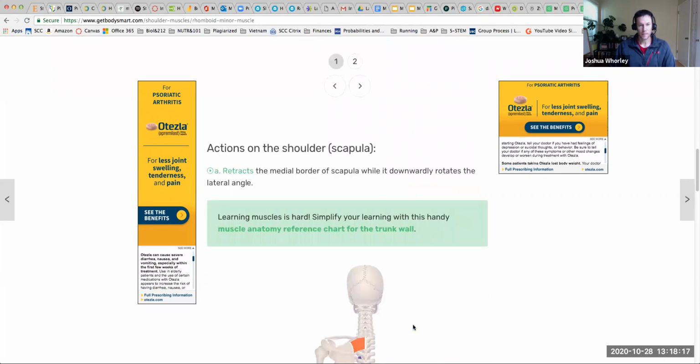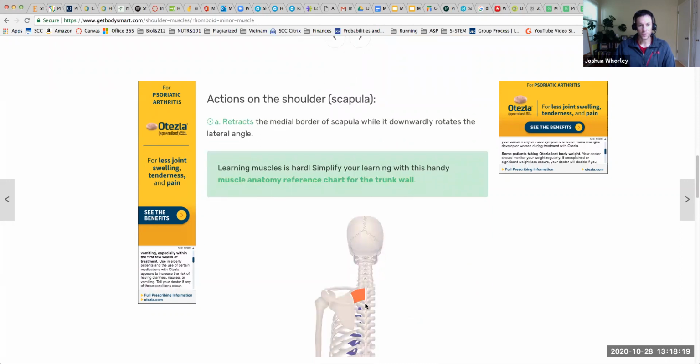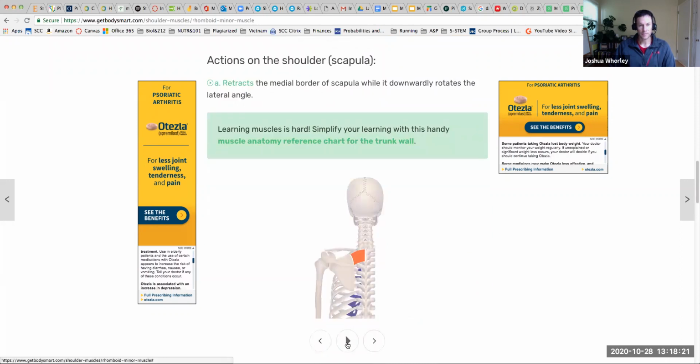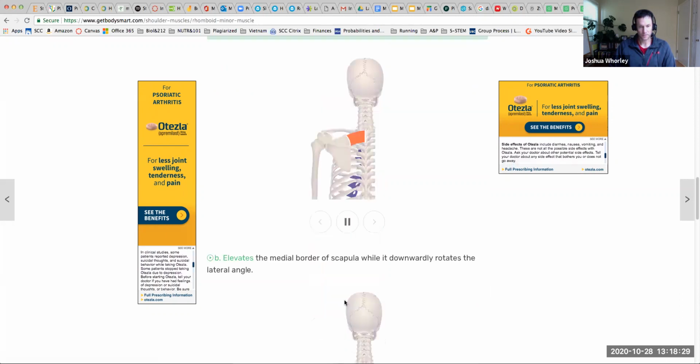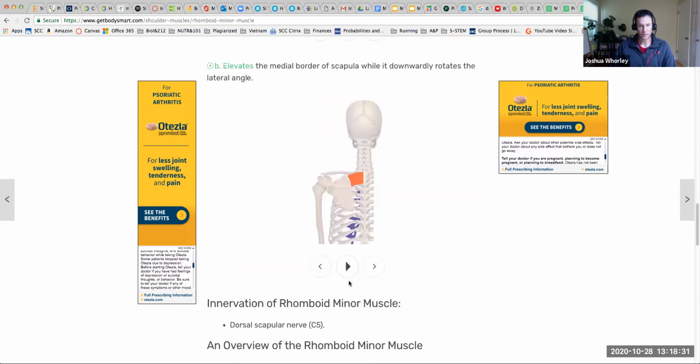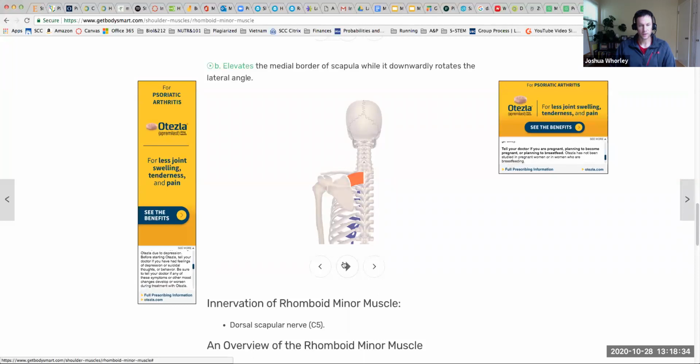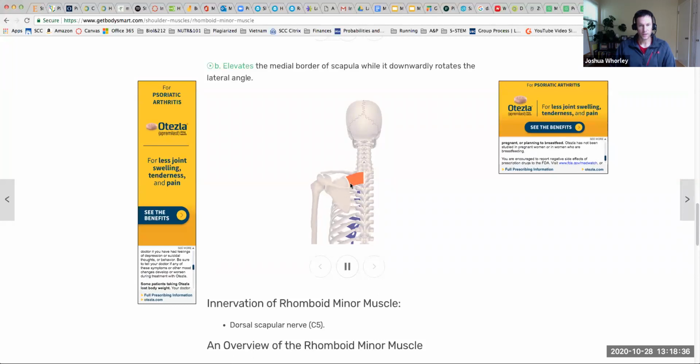And good at retracting that medial border of the scapula. So you're sort of pulling in, retracting that medial border. It also does a bit of elevation, kind of similar to what the rhomboid major does, so it's elevating the medial border.